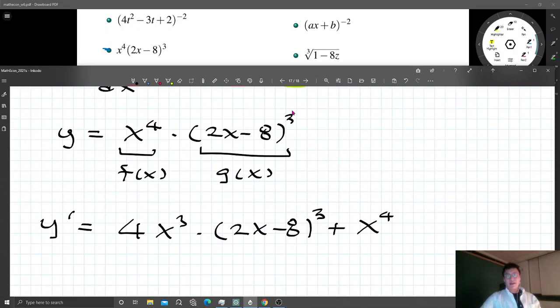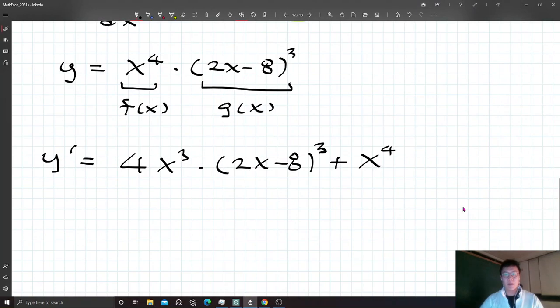But the second function is given by one composite function. The outer function is something cubed, and the inner function is 2x minus 8. Okay? So now the chain rule kicks in here. So the derivative of the second: first we have to consider the derivative of the outer function. So 3 times the inside squared, but we leave the inside function alone.